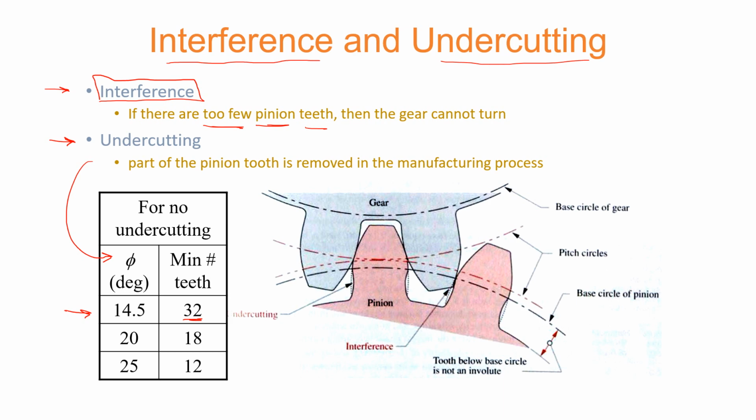So if you have more than those teeth, then you need to provide the provision in the machining arrangement in order to allow no undercutting. That situation is illustrated over here in this red patch. So for a selected pressure angle, you need to make sure how many teeth there are in order to avoid the undercutting problem.